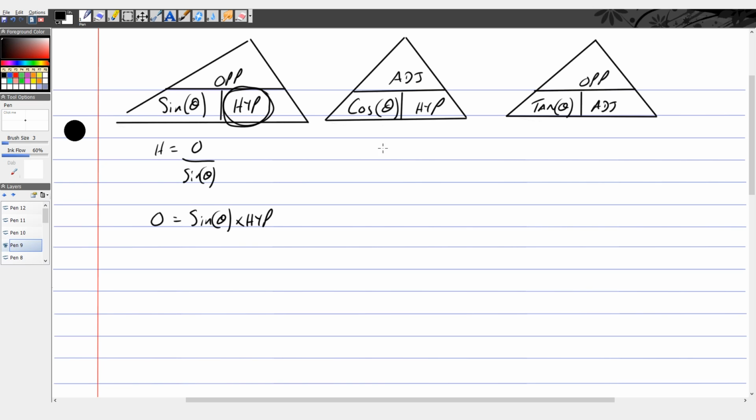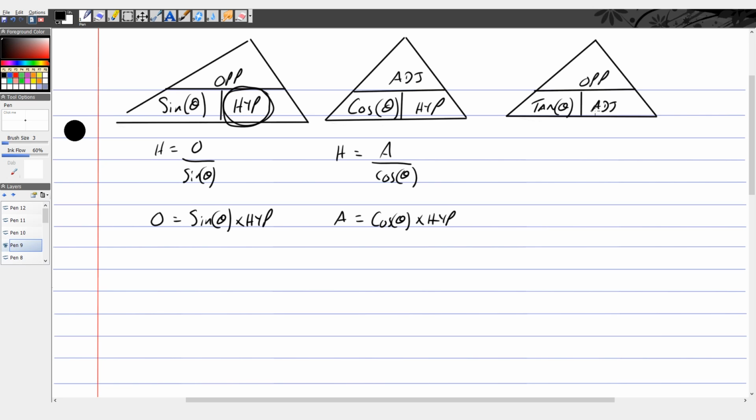If it's a cos question and you want to find the adjacent, then the adjacent, because it's on top, equals the cos of the angle times the hypotenuse, because they're next to each other. If you wanted to find the hypotenuse, it's adjacent on top divided by the cos of the angle.